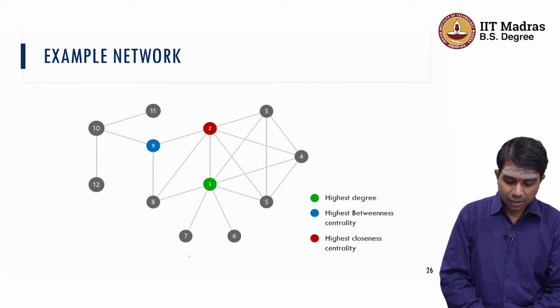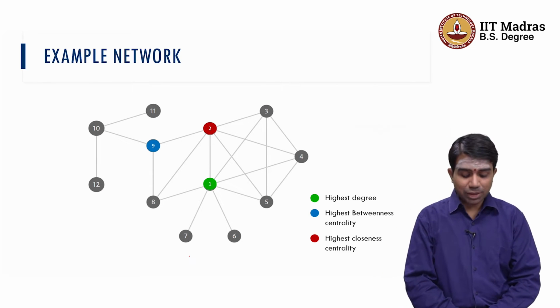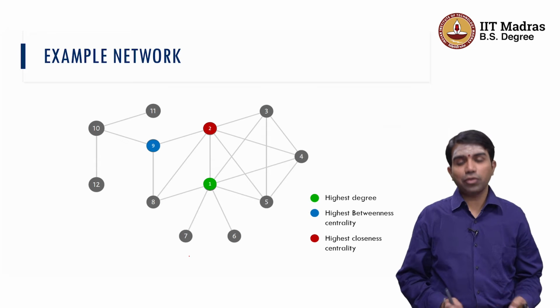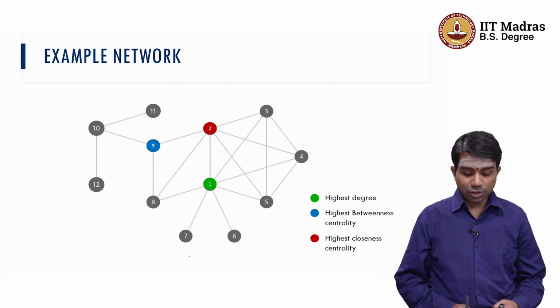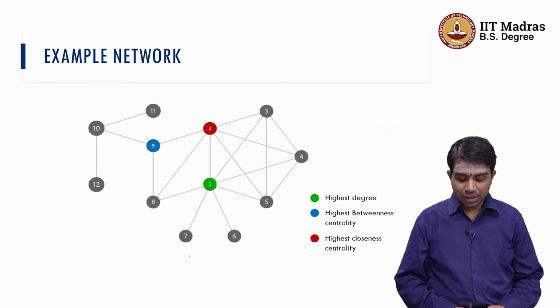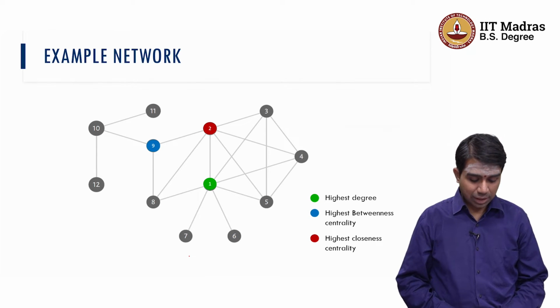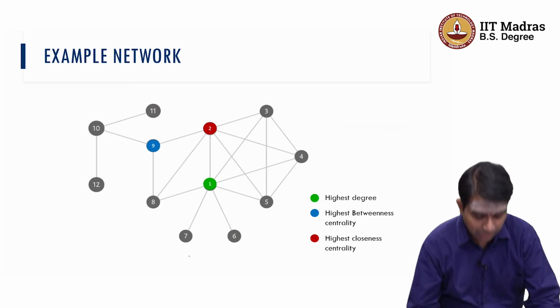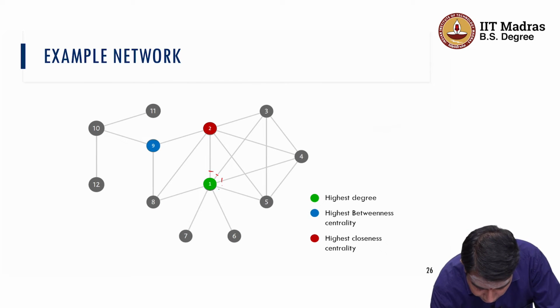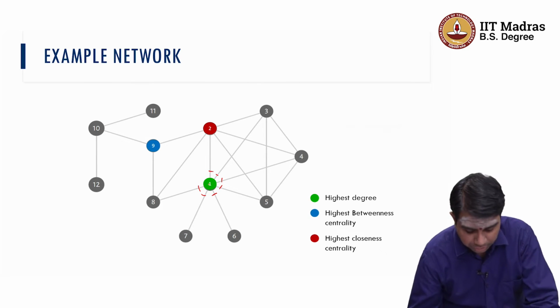Okay. So, look at this example network, and it tells you that different nodes hold a different importance in this network by virtue of different centrality measures. So, if you look at the node with the highest degree, that is going to be 1 because it is connected to so many different nodes, right. So, 1 has 1, 2, 3, 4, 5, 6, 7 nodes it is connected to.